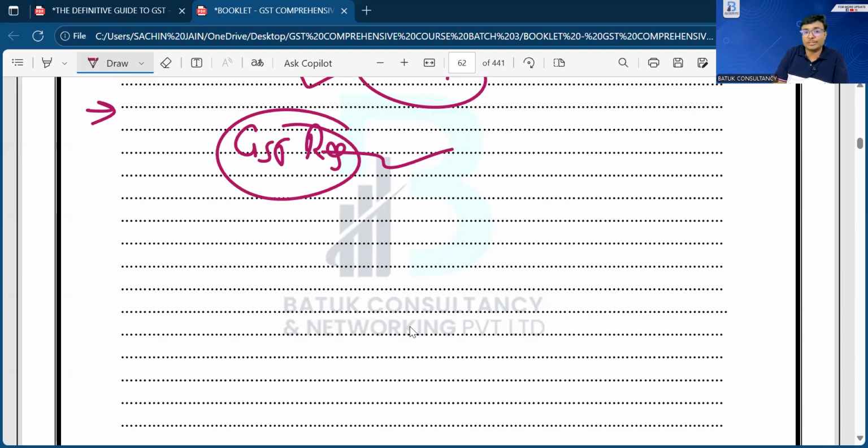In that case, can we file any amendment application on the GST common portal? Yes, we can file an amendment application. So the government is saying if there is any change in your registration particulars, you can file an amendment application form.